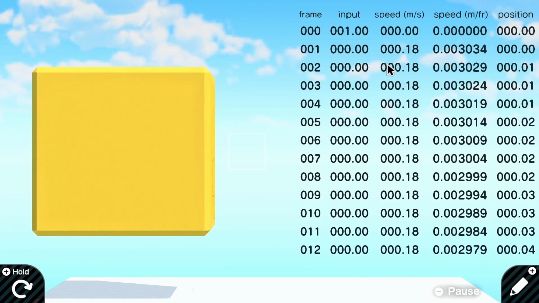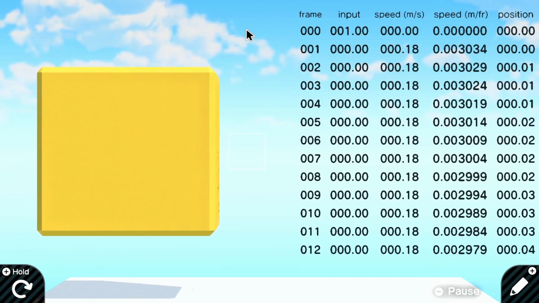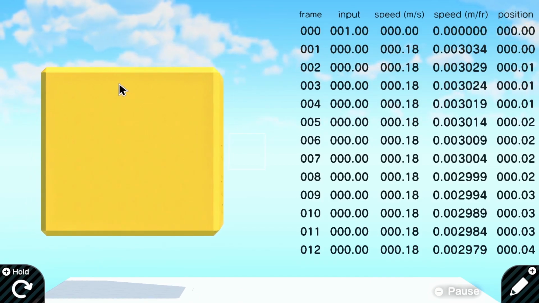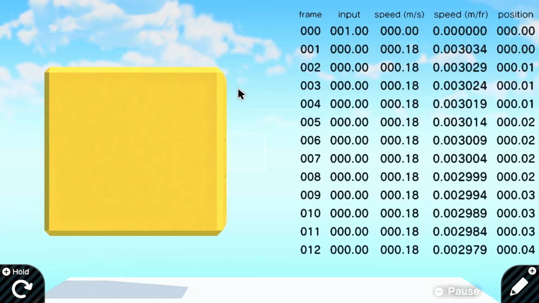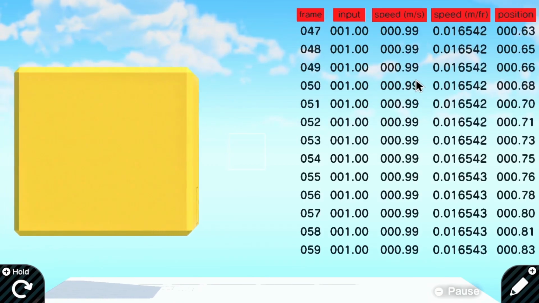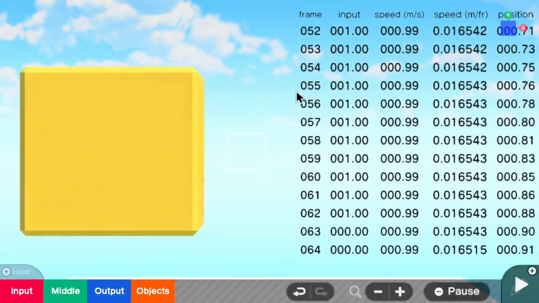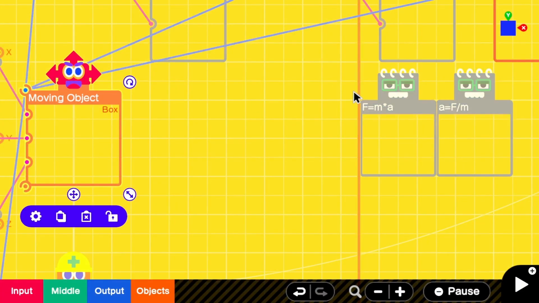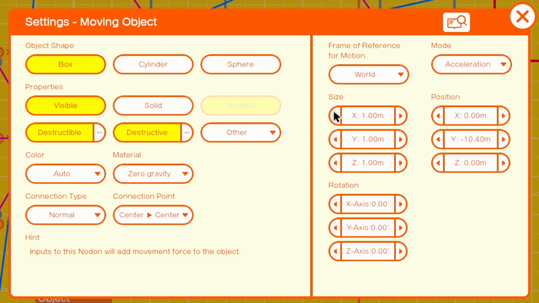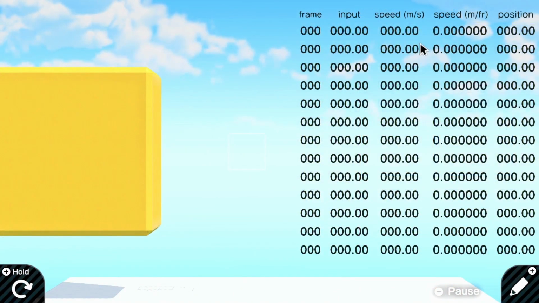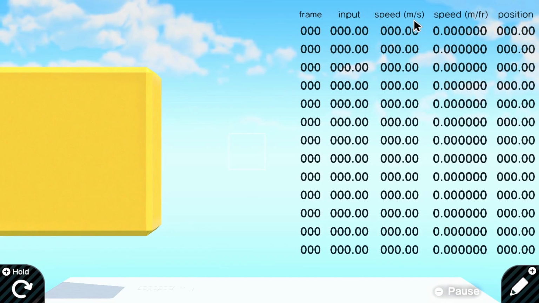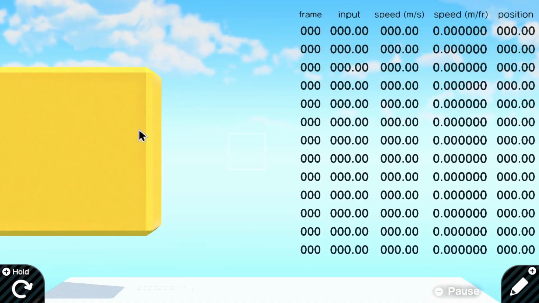With this, the mechanics of the moving objects are still the same. So let's change this to accelerator mode first. It's the same. The only thing that's changed is the acceleration that is being applied on the objects, but the behavior is still the same.